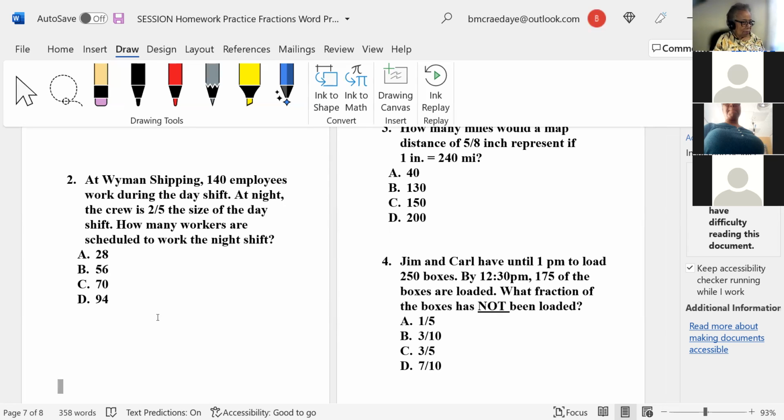How many workers are scheduled to work the night shift? So what's the total employees that work during the day? 140. So let's put that here, 140 employees.